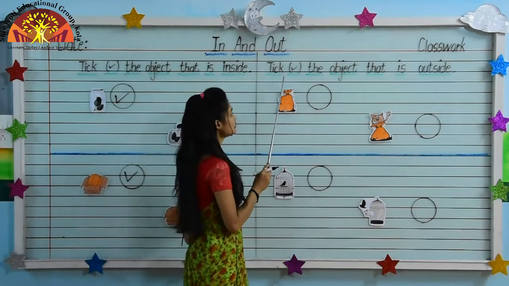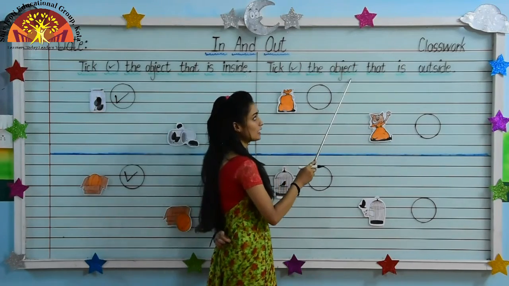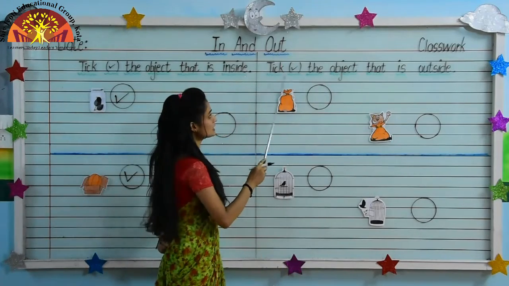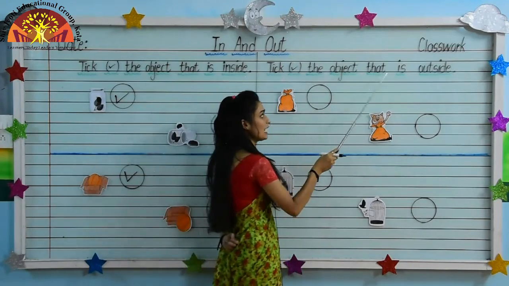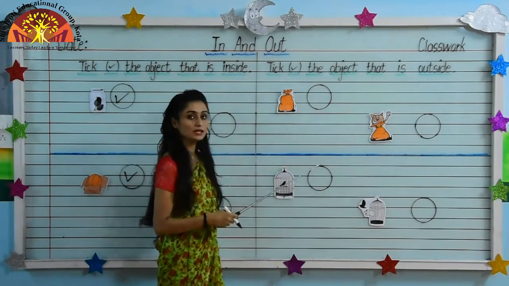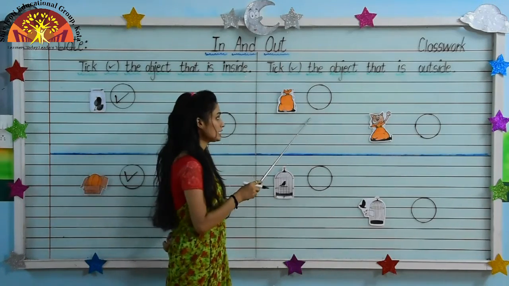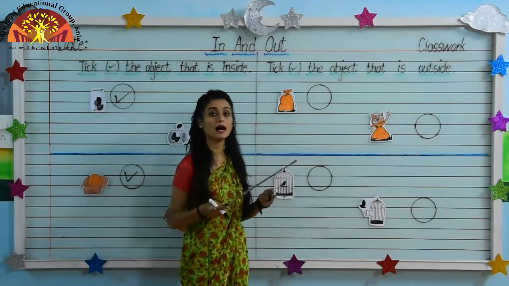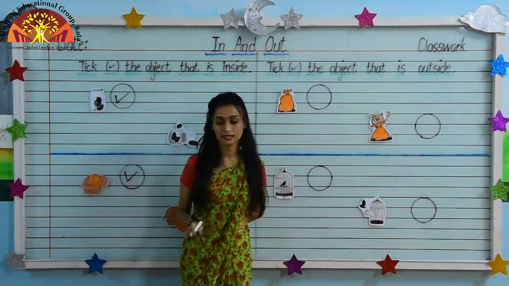Our next question is tick the object that is outside. Here also some pictures are given and we have to put a tick on the object that is outside. जो object बाहर है उस पे हमें tick लगाना है, okay.